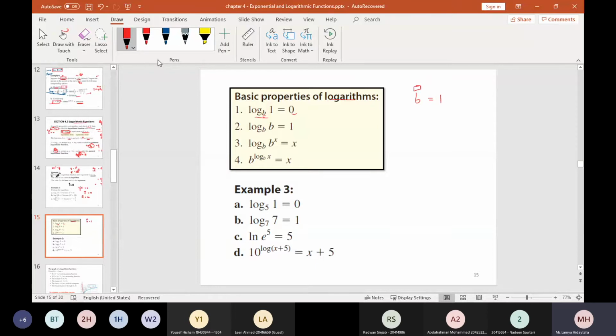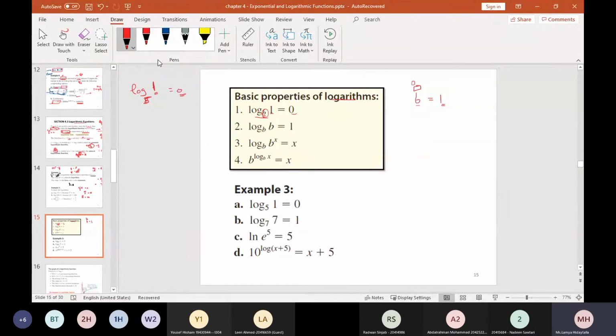We know that any number to the power 0 gives me 1. So the answer is that log 1 is always 0, no matter what the base is. For example, log 1 if the base is 2 is equal to 0. If the base is 5, also equal to 0. So always a logarithm of 1 to any base is equal to 0. So this is the first rule.